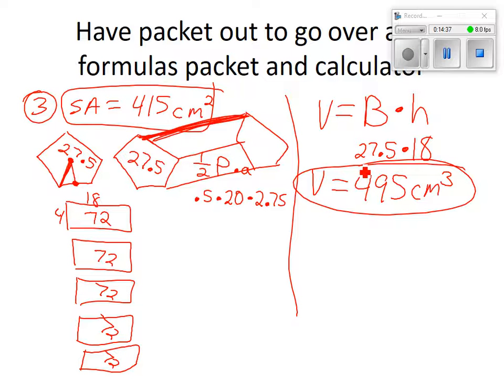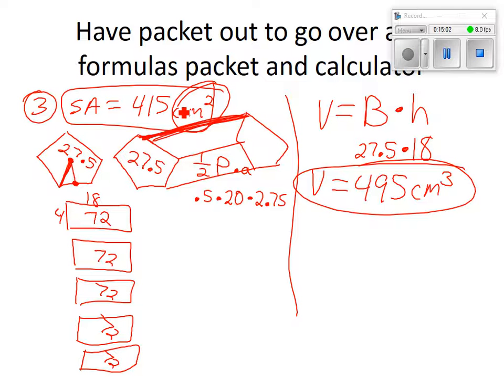Again, if this problem's on the test next class, it's worth 4 points. You should be able to get how many points at least? 2. Should anybody miss that? No. For surface area, you look at the paper and it says all centimeters, so centimeters squared.